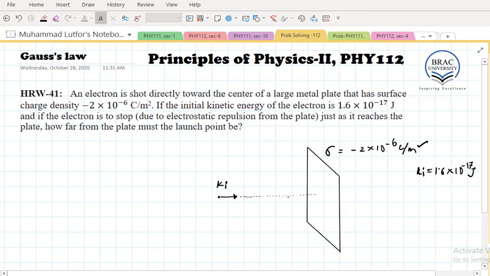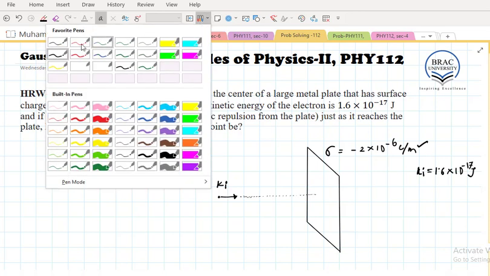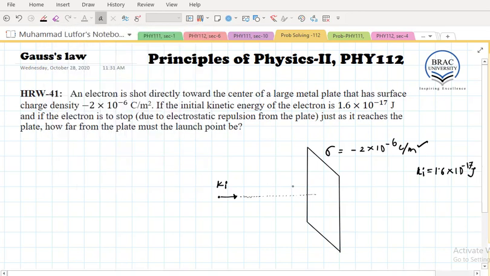As it moves towards the center of this plate, it's going to be decelerated, right? Since this plate is negatively charged, if I draw the electric field it would be towards the plate itself. That will be the direction of the electric field. And we know that a positive test charge will move in the direction of the electric field and a negative charge will move in the opposite direction.